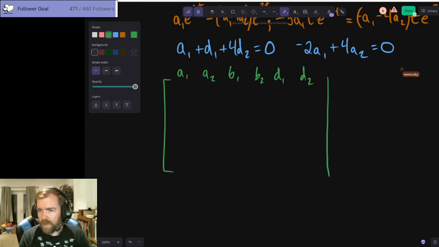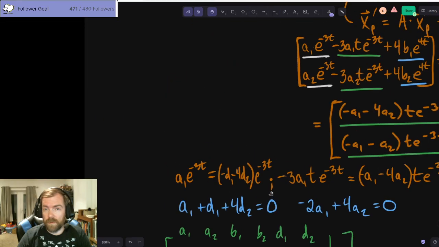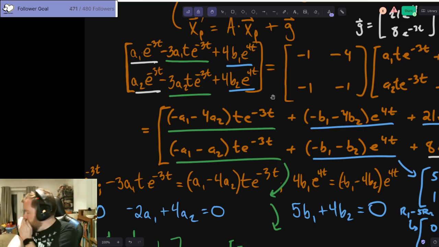Augmented with whatever constants we have for those equations. So we have 6 variables, and we should have, as Stucky said, 6 equations to work with, which are all going to be equal to the things on the left-hand side individually. So the 3 up top, the 3 down bottom. So this makes a 6x7 matrix, much better.